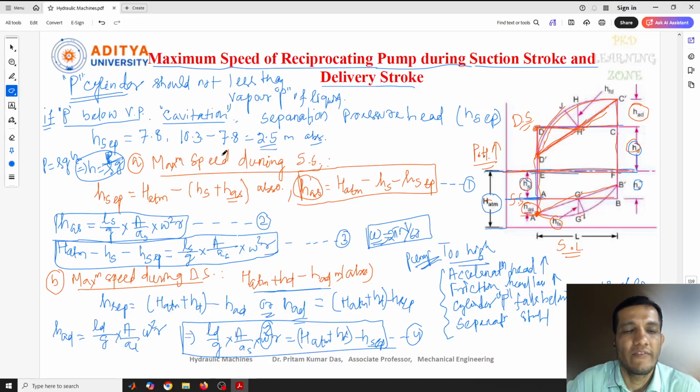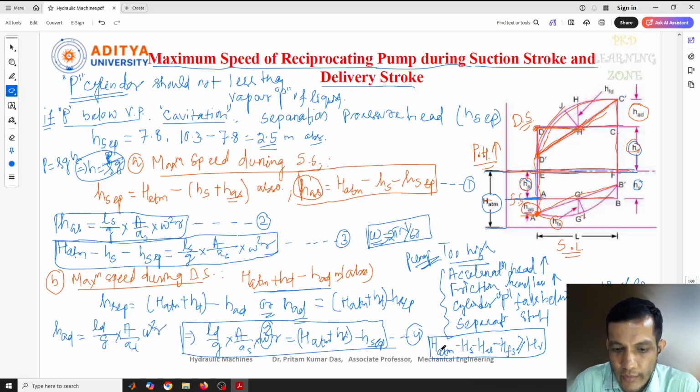The same thing I have explained here, I have just written in these four lines. So how to avoid these conditions? For that, I can write one equation: H ATM minus HS minus HAS minus HFS should be greater than or equal to HV. We need to satisfy this condition.